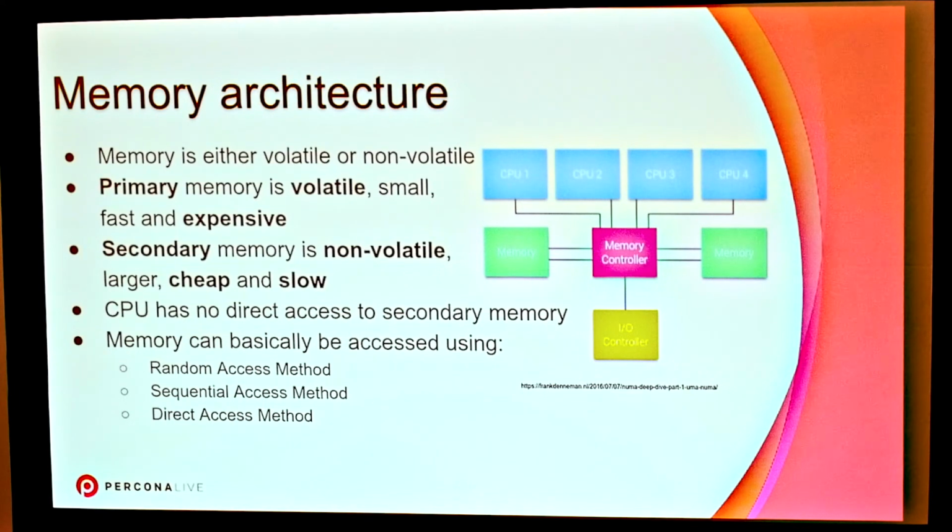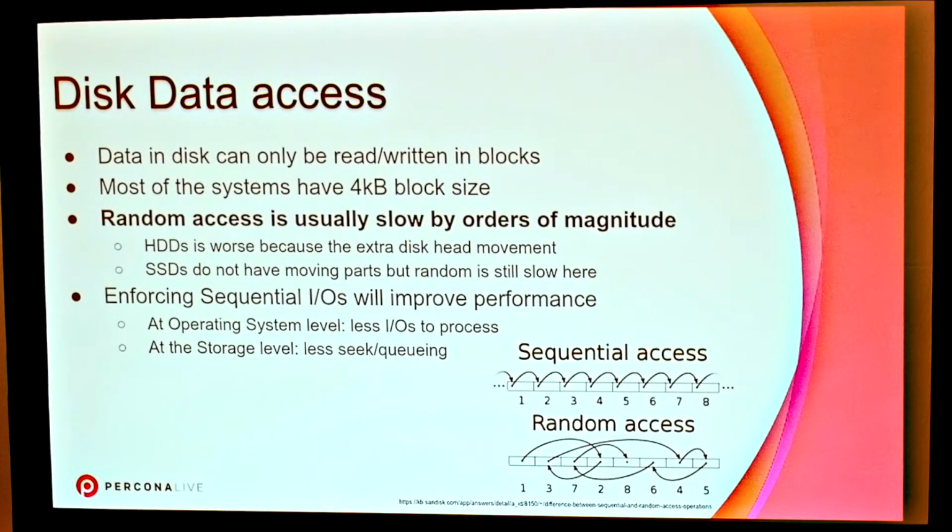And when it comes to disk, we basically have two different types of access I/O. The data can be accessed randomly, as we see down here. So there's no order, no organization.